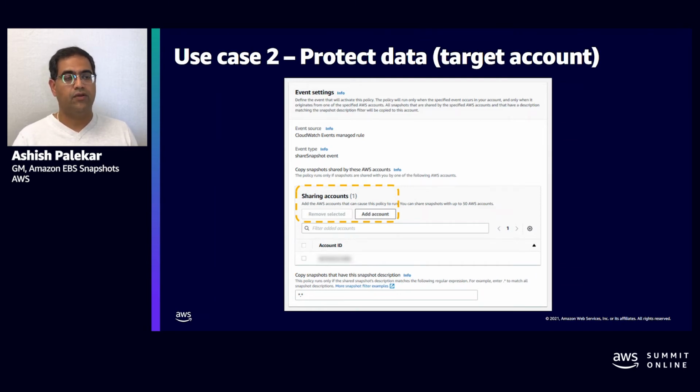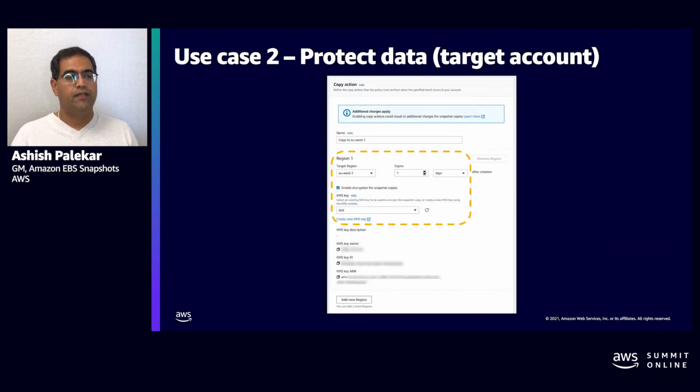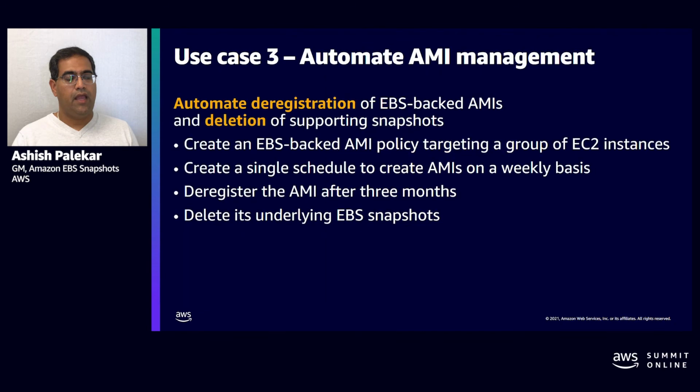So in this case, you're going to add the account that is going to share the snapshot, so you can receive that event from it. Next, you're going to say which region you want the snapshot to be copied to. In this case, we've chosen EU West 1. And then how long you want that snapshot to be kept. And that is how you set up the policy.